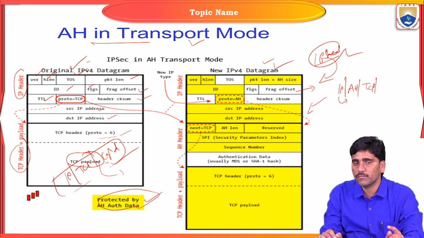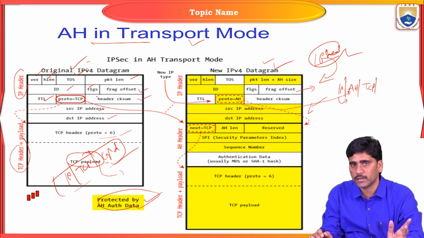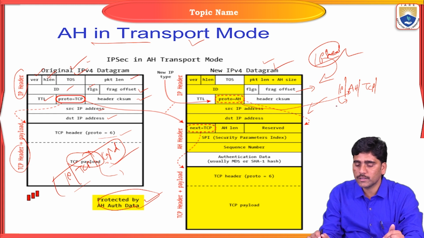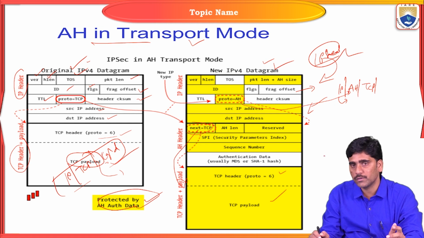In the IP header, the protocol field, the next protocol, indicates the authentication header, and the remaining fields are the same as in the IPv4 datagram. Here the authentication header points to the next header, TCP, which contains the TCP header plus TCP payload, that is nothing but TCP data.